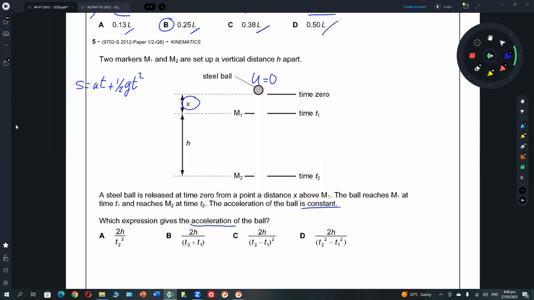So it will be half g t square. Should I make g the subject?